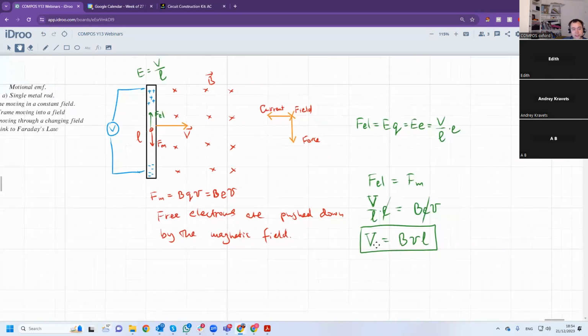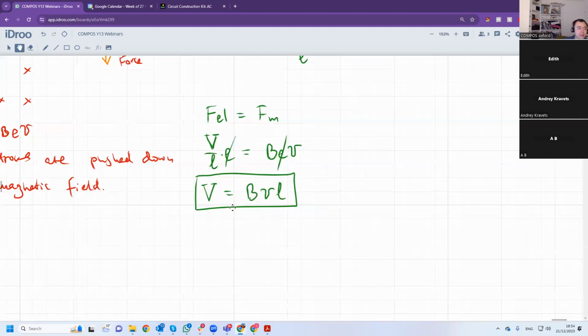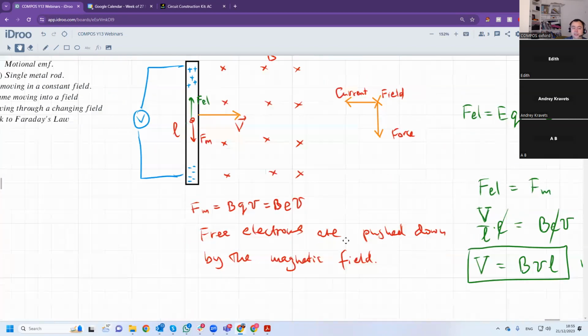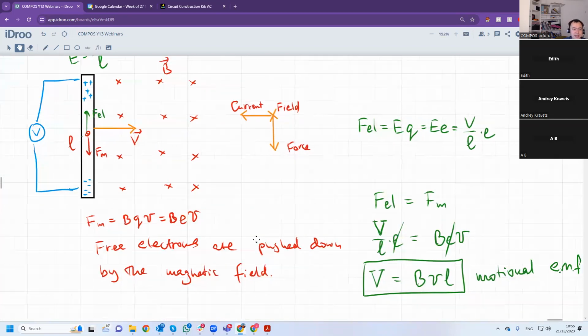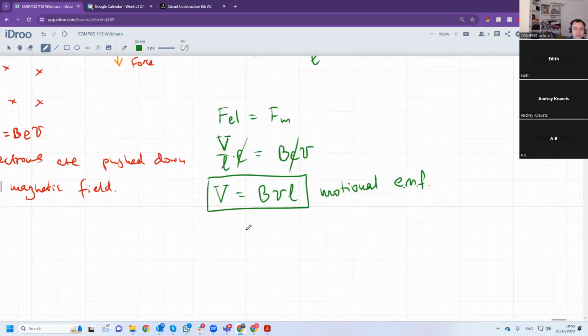So the voltage at the end is called the motional EMF, at the ends of the rod. Now, if there's an angle, you would have a different expression.